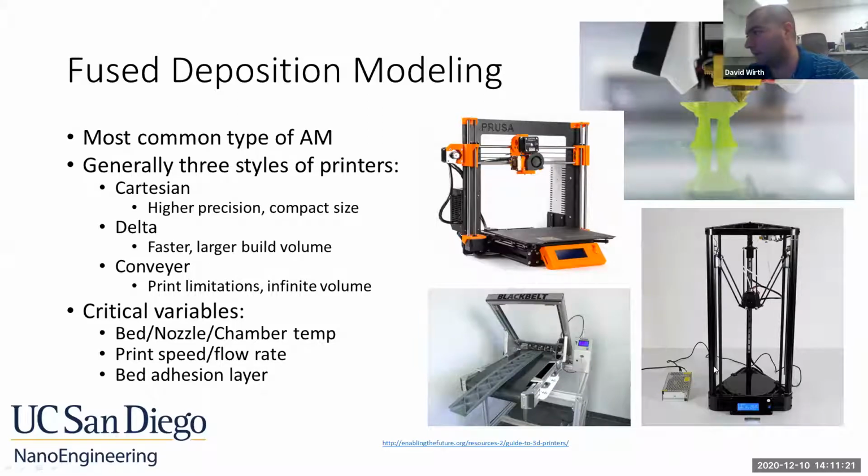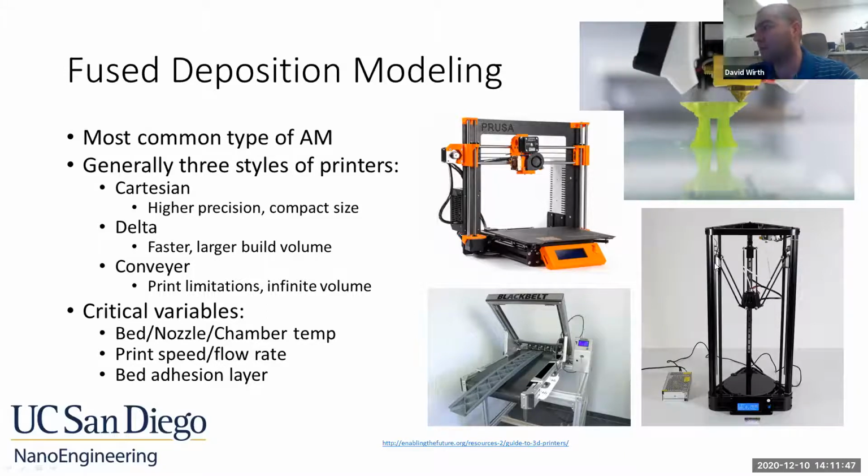Delta, which is this kind of weird looking, spidery looking guy here. This uses a cylindrical build volume rather than a cubic build volume. Also because each one of the axes is identical, you can get much faster print times, because on this Cartesian model, the Z-axis generally moves slower than the X and Y because you've got to move this whole Z stage up and down.